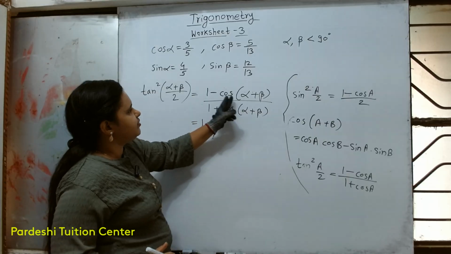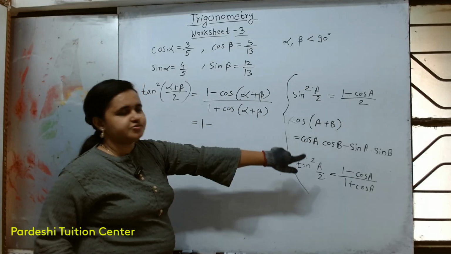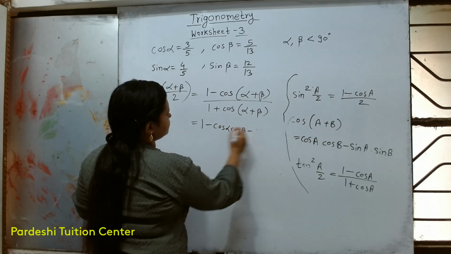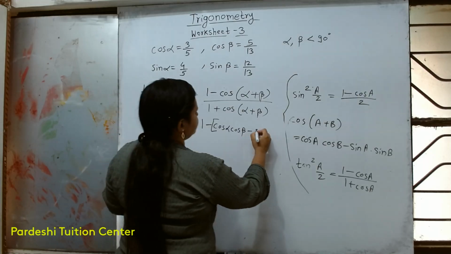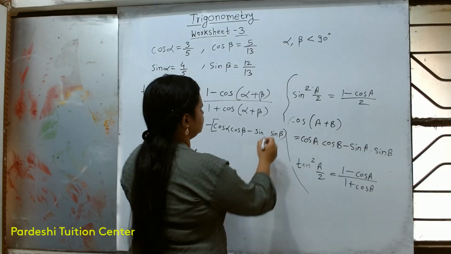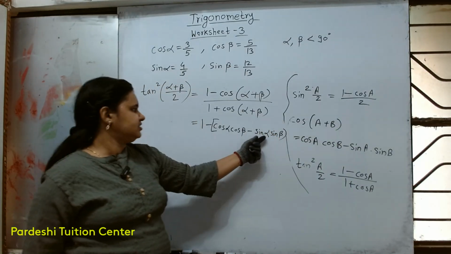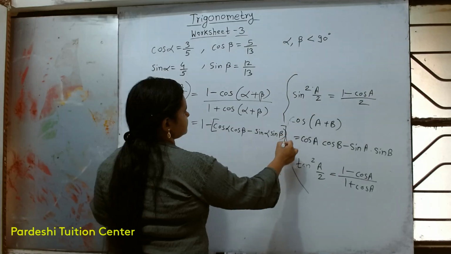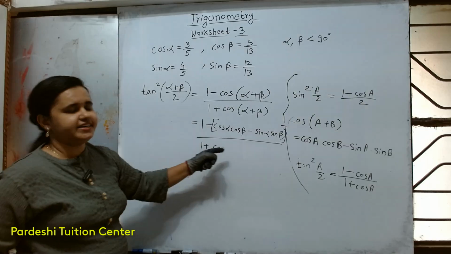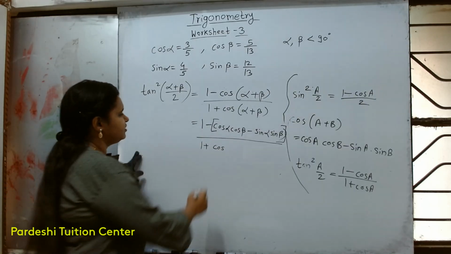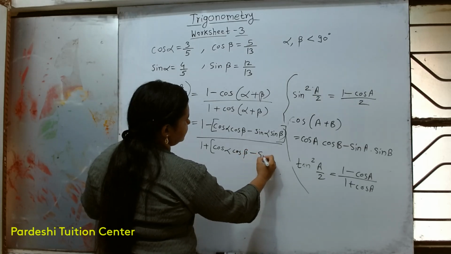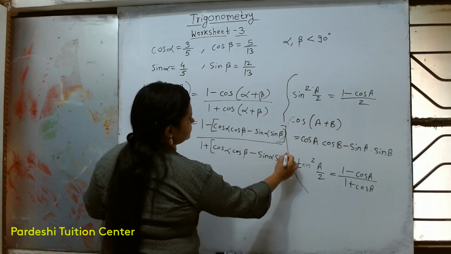So it will be cos of (A plus B), that is cos A cos B minus sin A sin B. So it will be 1 minus, in bracket, (cos alpha cos beta minus sin alpha sin beta) upon 1 plus, here no need to put a bracket because it is plus, cos alpha cos beta minus sin alpha sin beta.